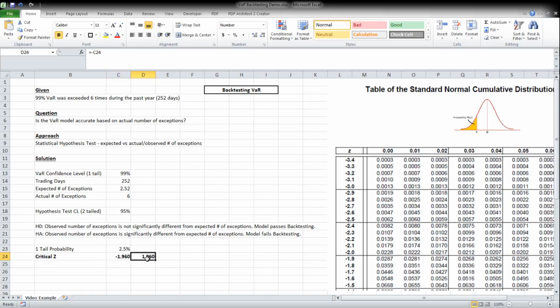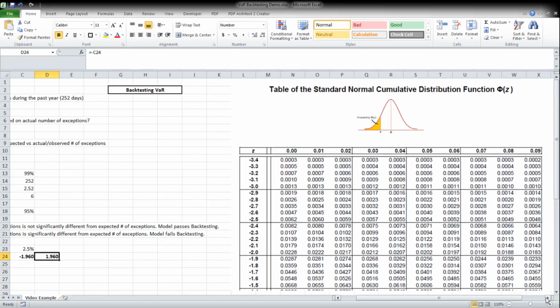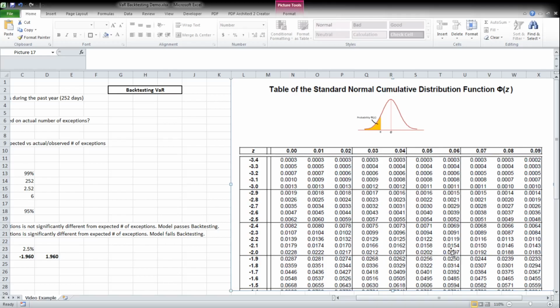So how do we find this 1.96 z-score in the table itself? We know that our tail needs to have 2.5% probability. So the 2.5% probability needs to be located in the body of this table right here.